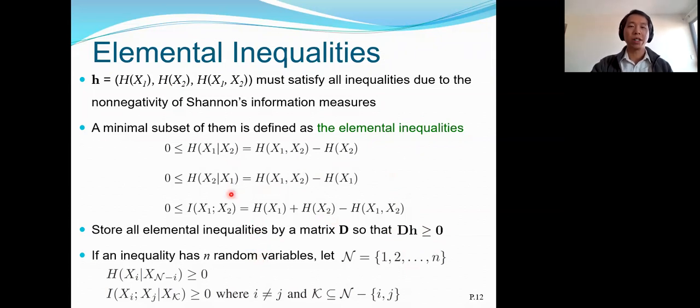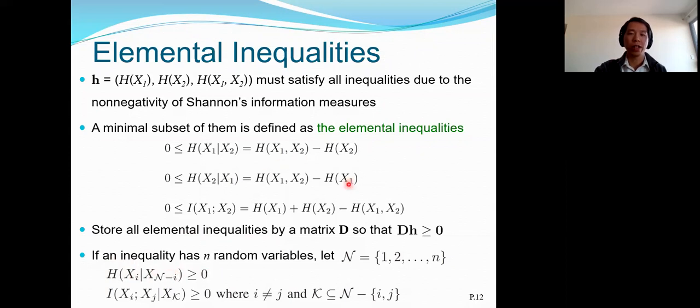Here we have seen an example for 2 random variables. Of course, for n random variables, we can have a general form, and we will use these formulas to generate the matrix D. Suppose we have n random variables, we just pick any one of them, and the first inequality is that the conditional entropy of xi given all the other random variables is larger than 0.